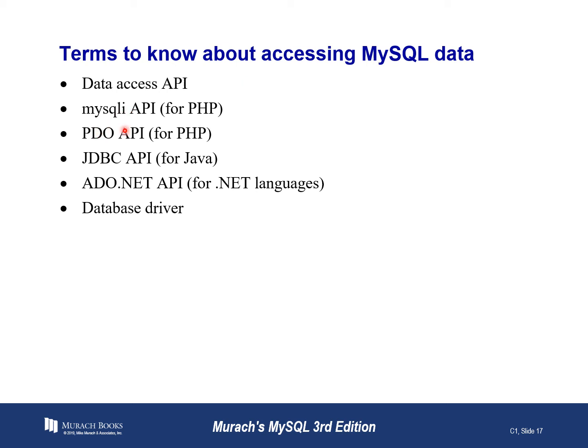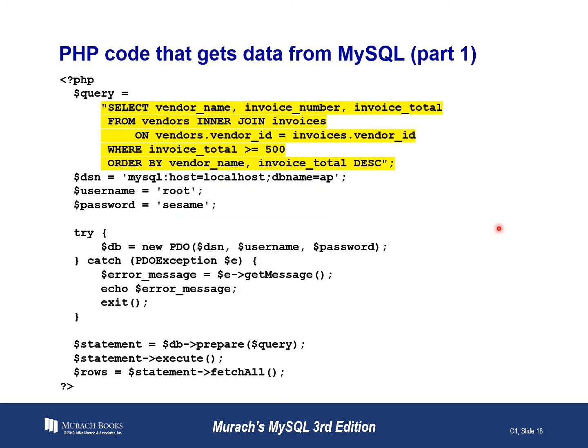The MySQL API or PDO API for PHP, JDBC API for Java, ADO.NET API for .NET languages, and also database drivers, a common term for all those drivers, the Java driver and the .NET driver, etc.